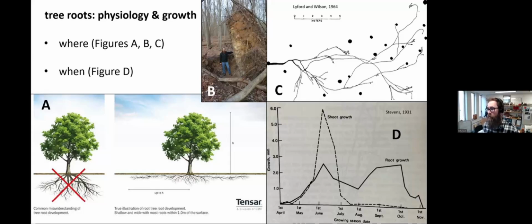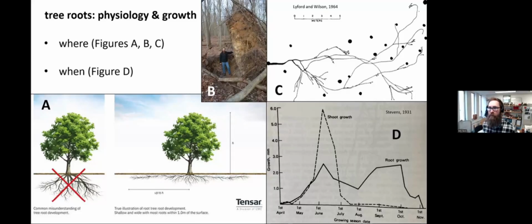How they do grow is the photo or the image of figure A on the right. Most of the roots, especially the fine roots, are in the upper 1 meter of the soil profile. And why is that? That's where most of the soil porosity is, water holding capacity, oxygen holding capacity, things like that.